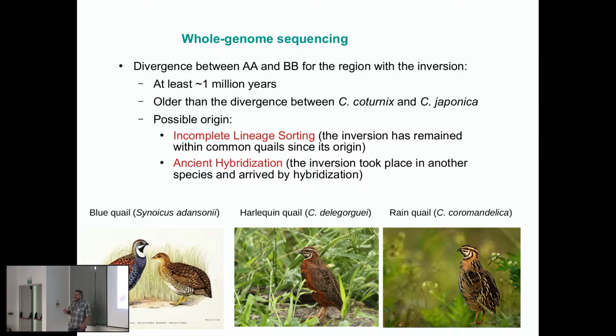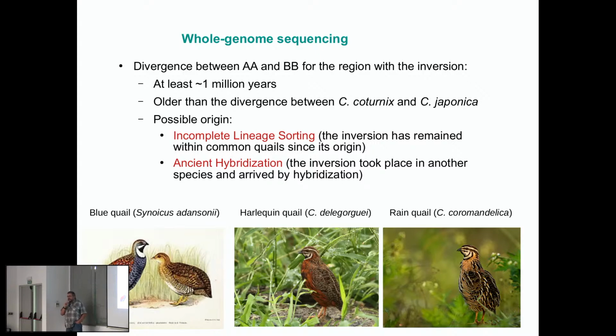However, we don't have this data yet. It's something to work on in the future. But it seems that the evidence available so far suggests that this species separated from the lineage leading to the common quail and the Japanese quail very long ago, much more than 1 million years ago. So it seems that maybe it's not very realistic. It seems that probably none of these species could be in the origin of the inversion.